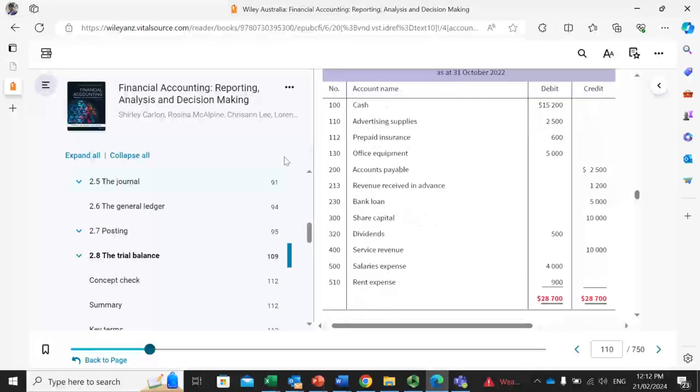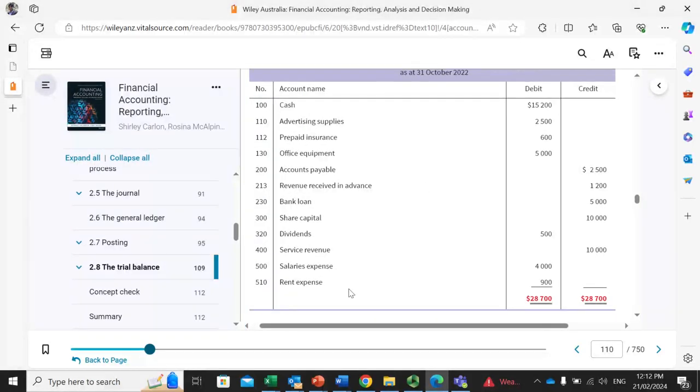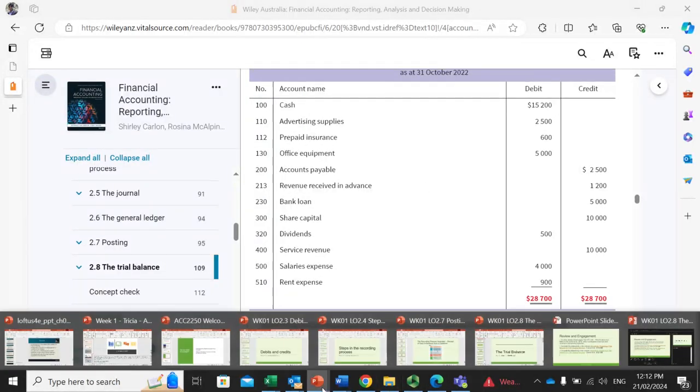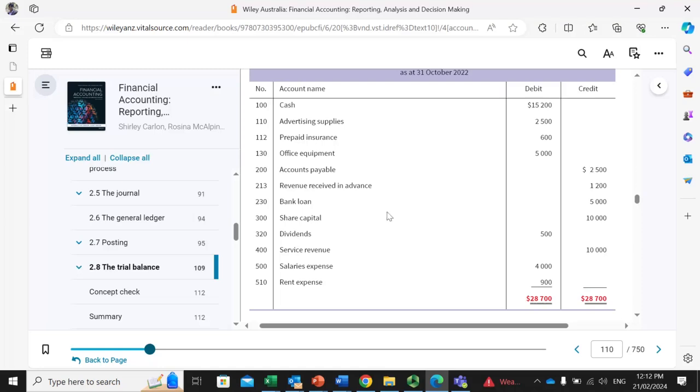So this is the trial balance I'm just showing you. That's the trial balance which I'm telling you.